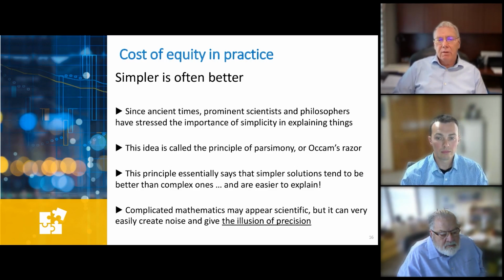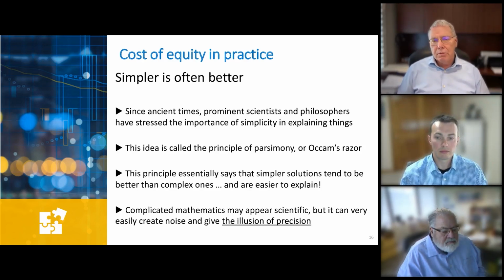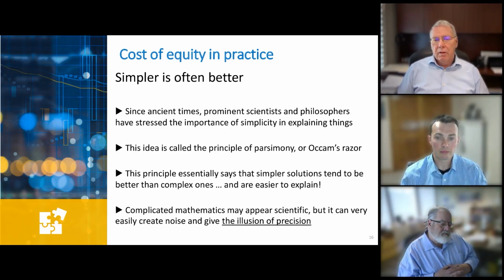It's also called the principle of parsimony. So, what I tried to design here in cost of capital professional is to reduce things to be relatively simple. Now, it's not simple, but it's relatively simple. Making things more complex is not necessarily the answer.